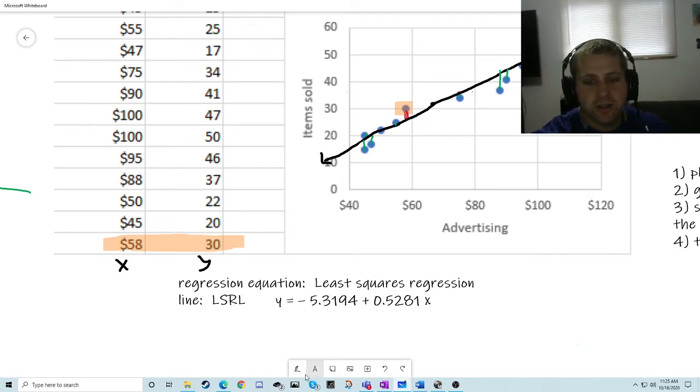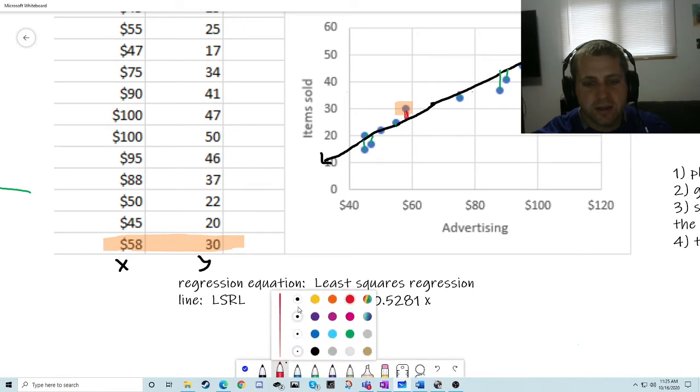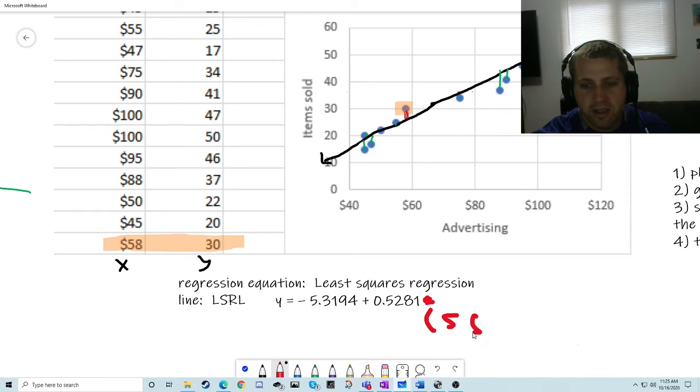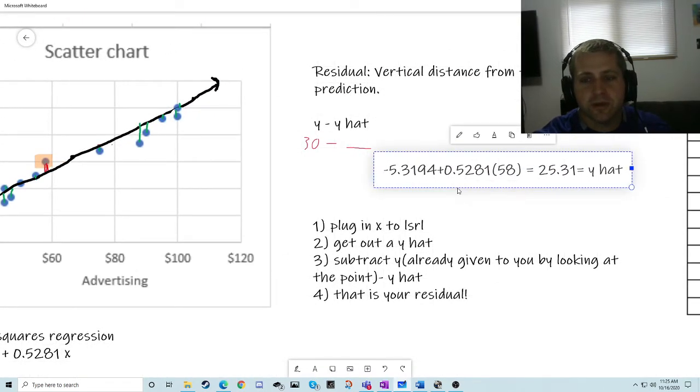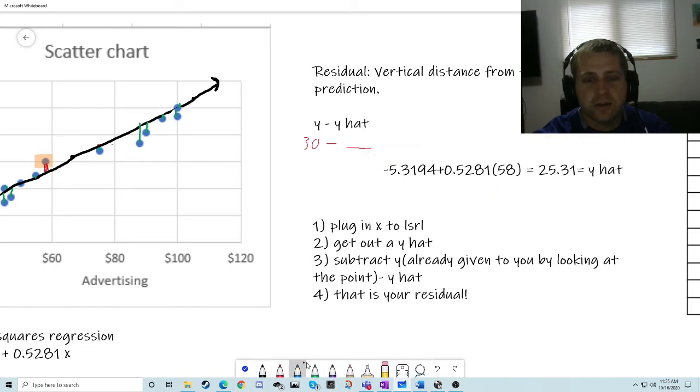So I'll make that prediction at 58 and I'll get my y hat. I plugged it into Desmos and I got my y hat, which was 25.31. And then you just subtract them to get your residual.